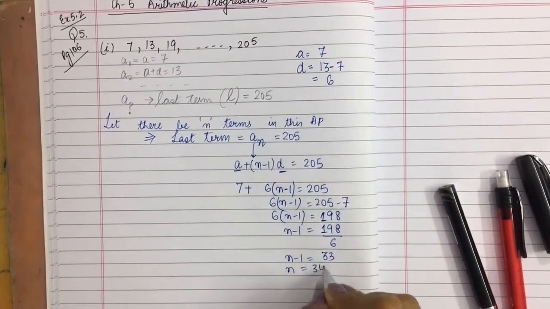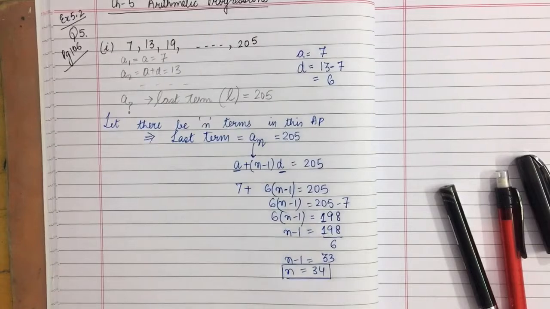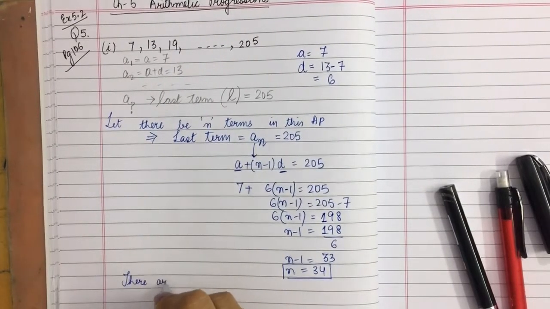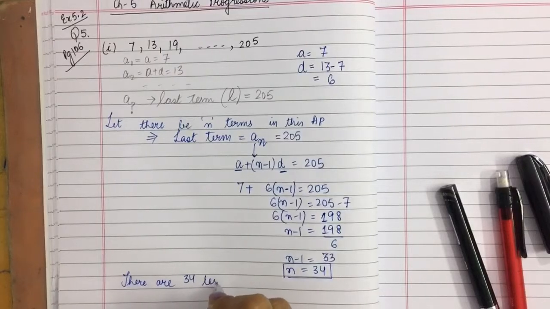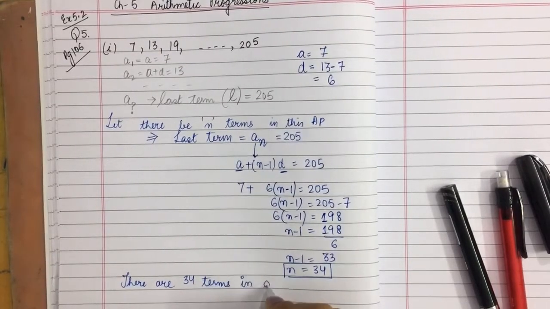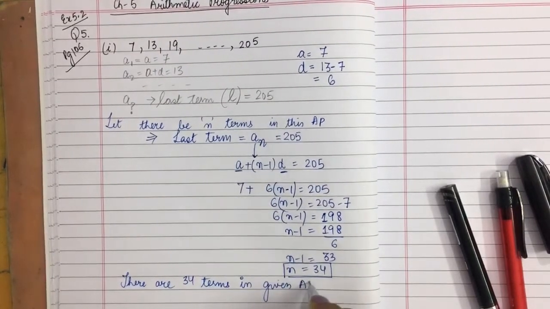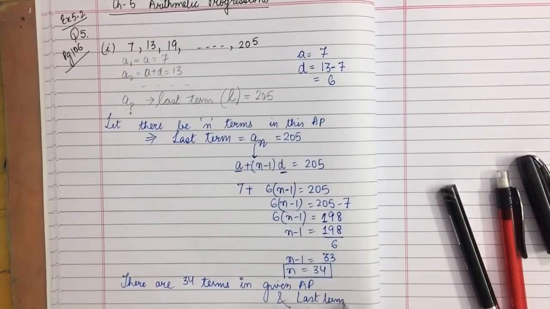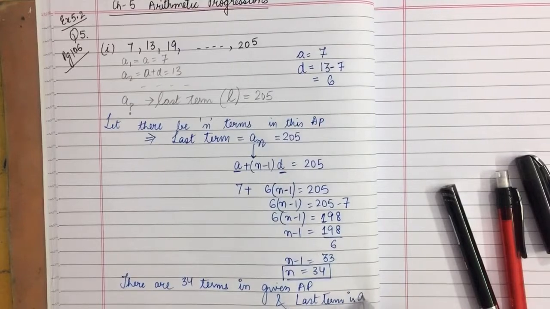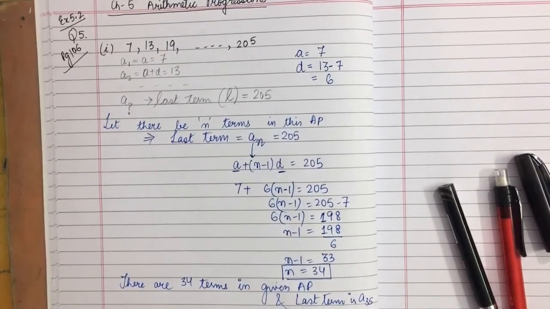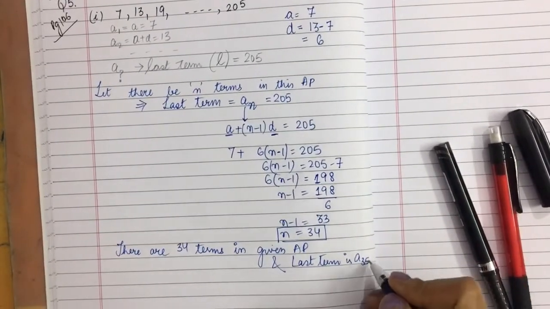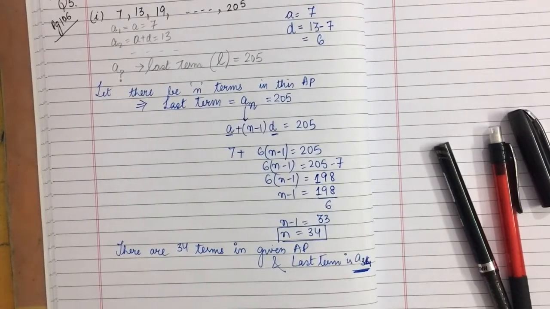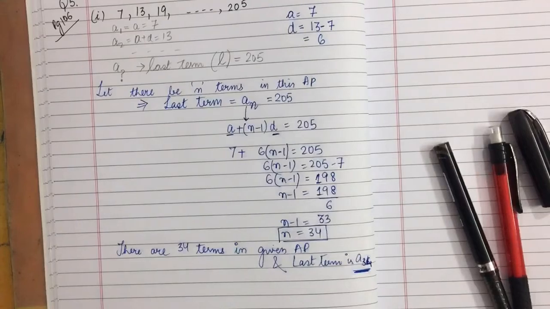So from here n comes out to be 34. So we can write down there are 34 terms in the given AP, and the last term, now this is not required, I'm only writing for you to understand, the last term will be a34, and the value of the last term is 205 from the given AP.